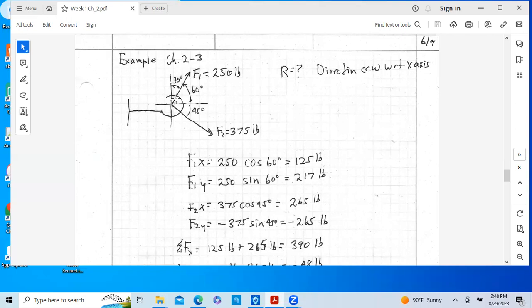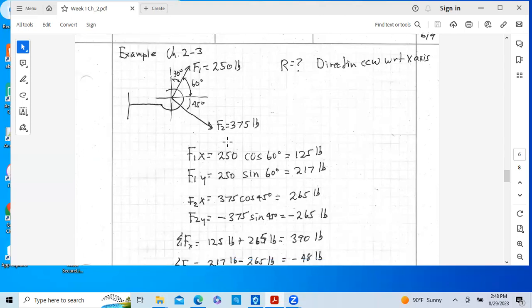We have two forces, F1, 250 pounds, angle is 60 degrees, and we have a force F2 that is 375 pounds, 45-degree angle. We want to know the resultant, and with the resultant, we also want to know the direction counterclockwise with the x-axis.